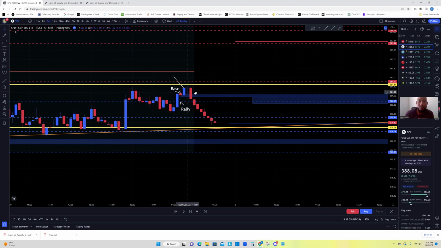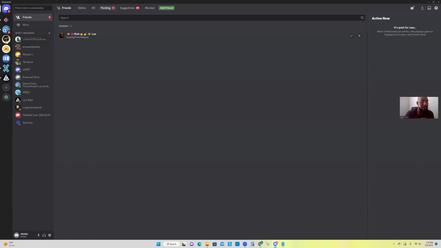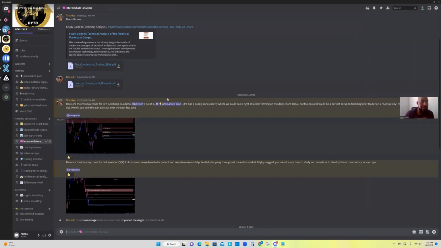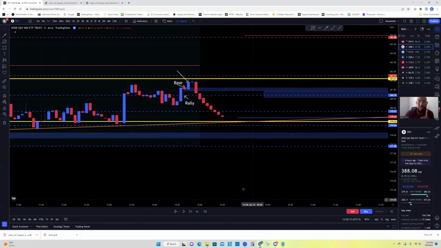Now, we'll go over a little bit about patterns. Also in the Discord under intermediate analysis, we have a guide to the Candlestick Bible. You also want to familiarize yourself with this. Can anybody tell me what this pattern is right here?